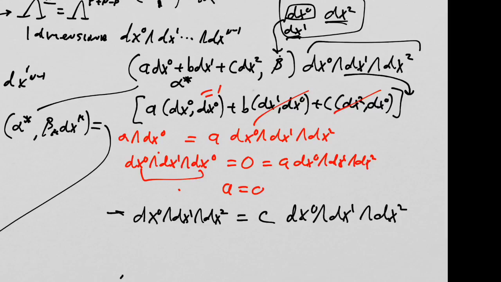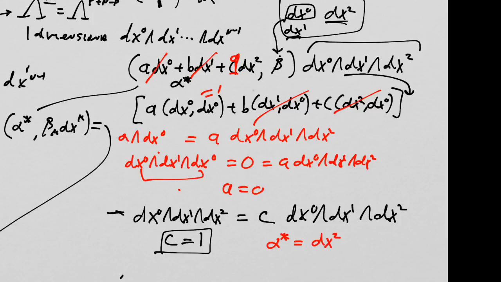And so now I know that C equals 1. And therefore, I've now found that A and B are 0, and C is 1. So now I can say that the Hodge dual equals dx2.